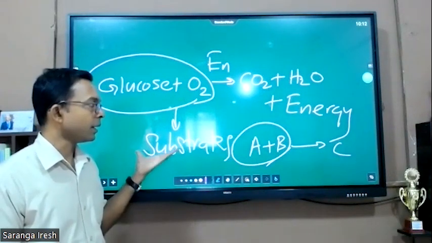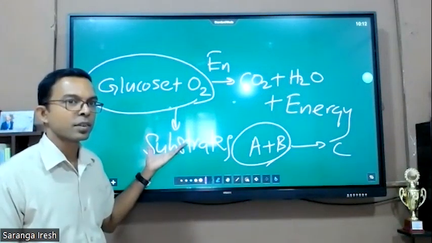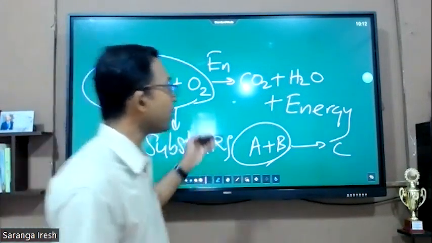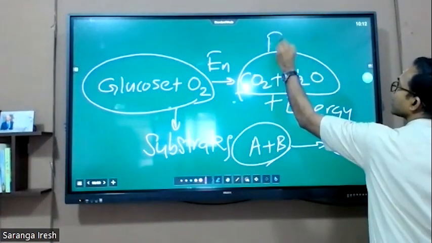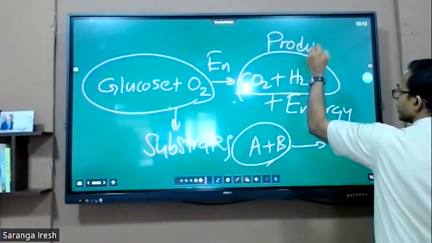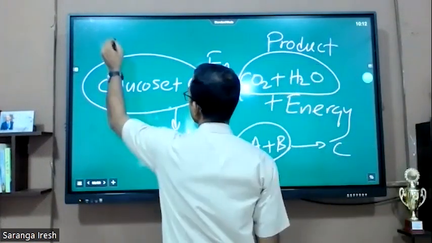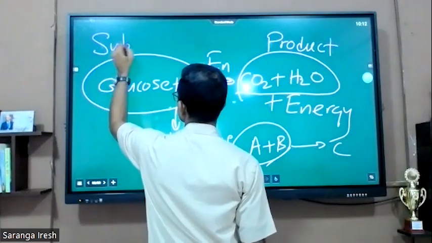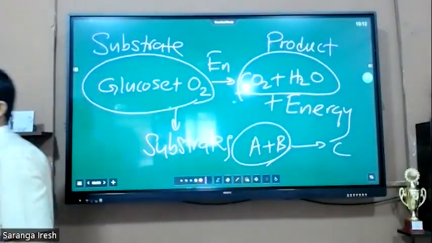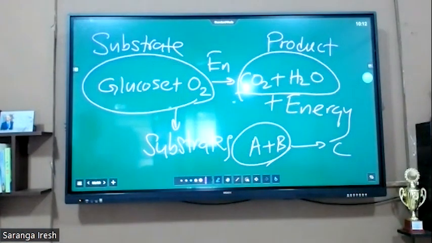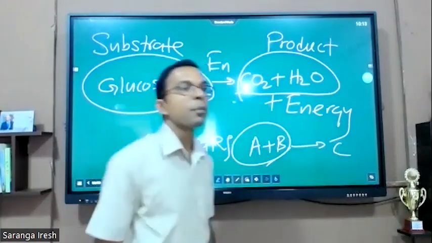The enzymes function on substrates, and finally what they produce is the product. This is the substrate. Enzymes are functioning on substrate to make the product.